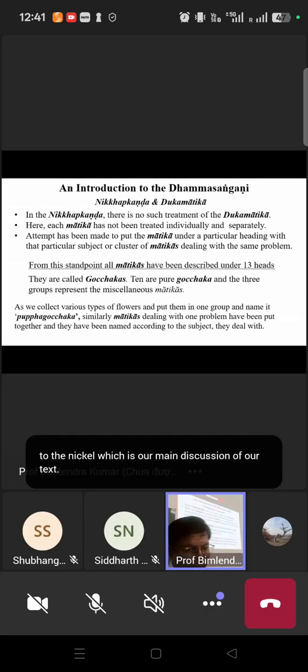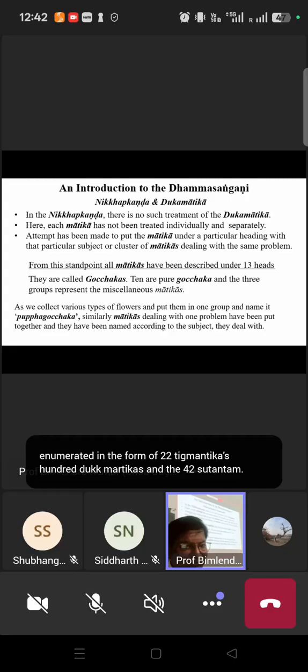We are going to discuss how there is a treatment of Dhamma, how Chitta, Chetasik, Rup and Nibbana have been enumerated in the form of 22 Tikamatikas, 100 Dukamatikas, and 42 Suttantamatikas.